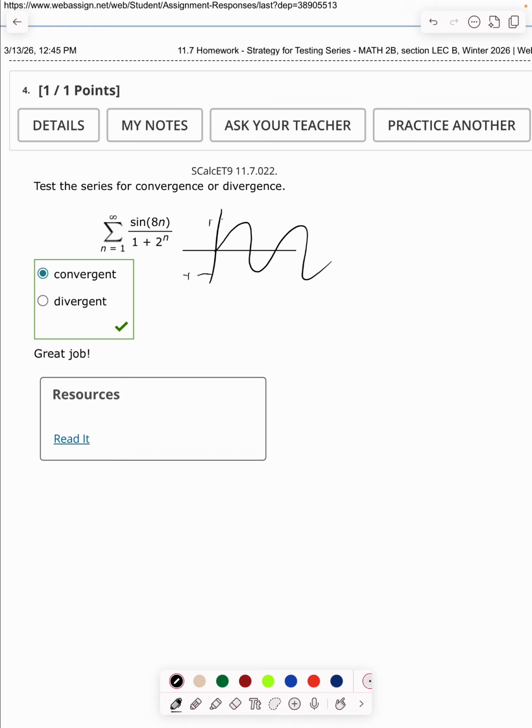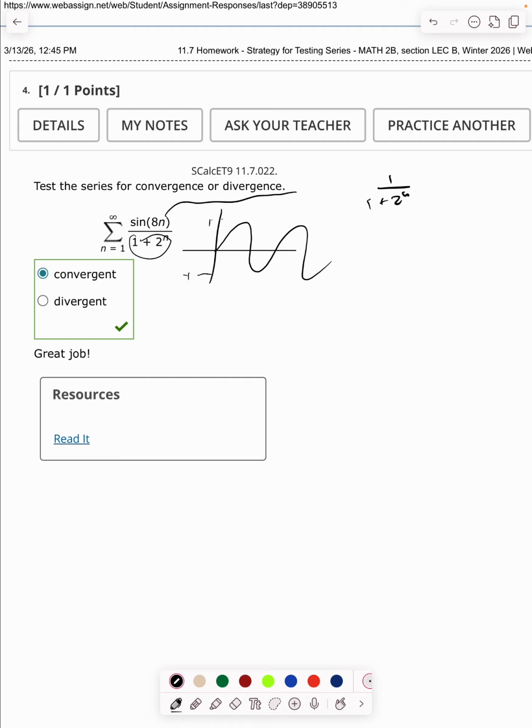And so we might be thinking, let's do alternating series test. But the thing with alternating series test is that if you do alternating series test, then you have to verify that after you take away the part that makes it oscillate between 1 and -1, you have to check if this 1 over 1 plus 2 to the power of n is decreasing.